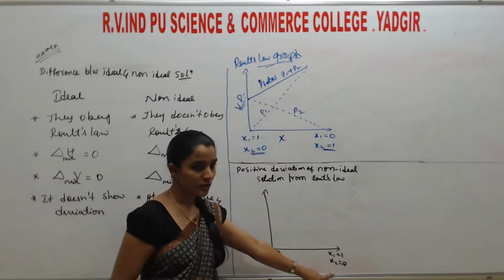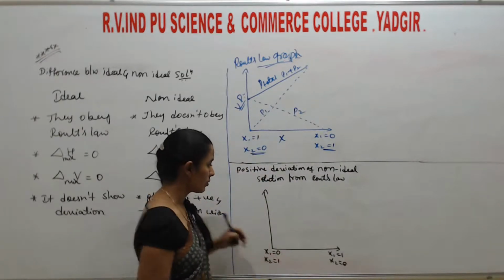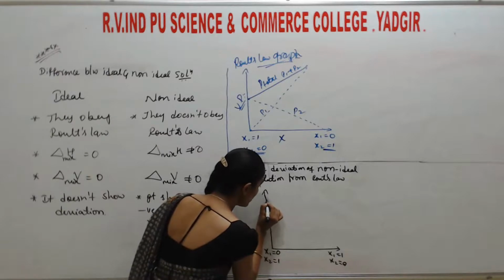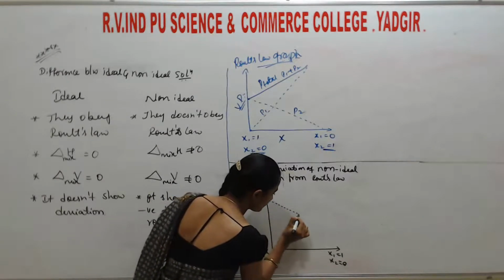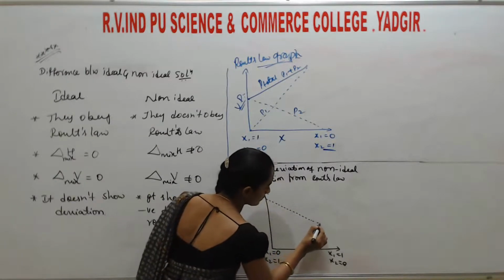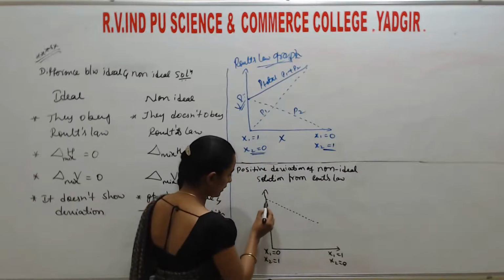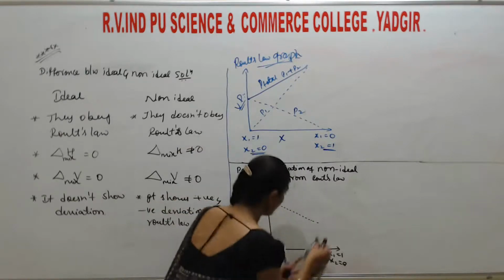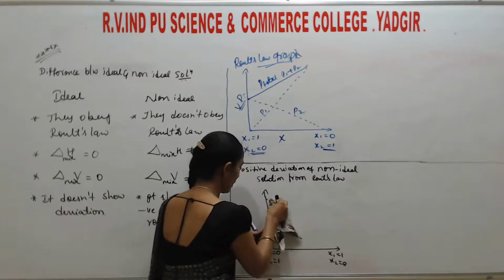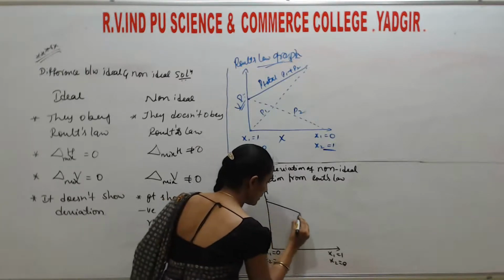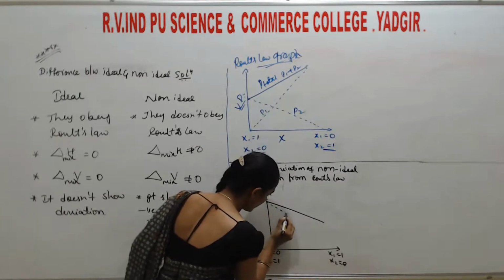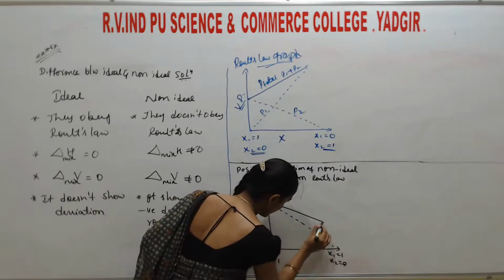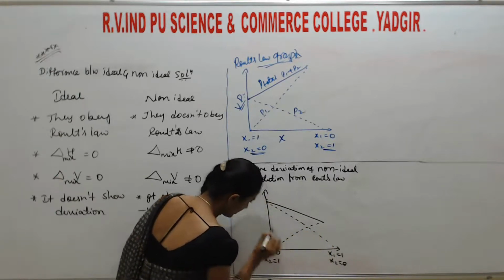As the mole fraction decreases from 1 to 0, the graph also decreases. Then we will get the Raoult's law graph in this manner.